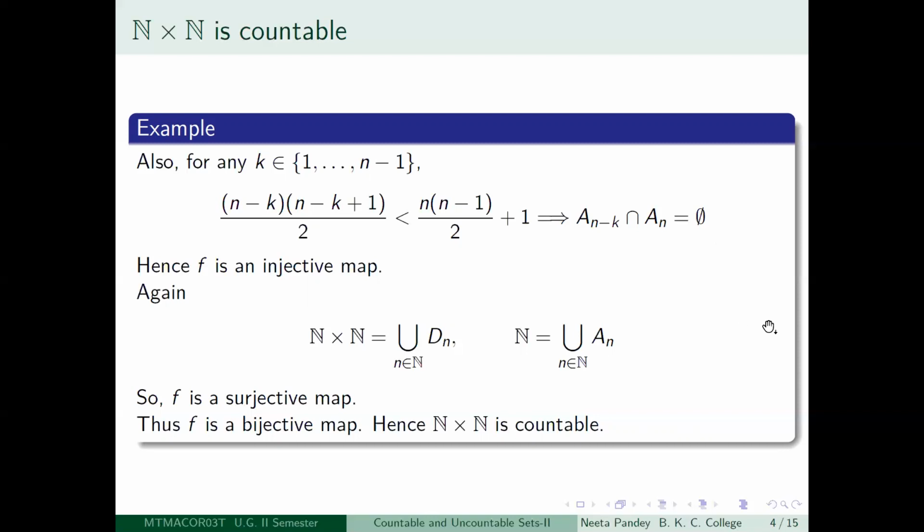Because 2 and 3 are two different prime numbers, so they are co-prime to each other. So you will be able to show very easily that the mapping (n, m) going to 2 to the power n, 3 to the power m will also be a bijective mapping. So that is another way to show that N cross N is a countably infinite set.